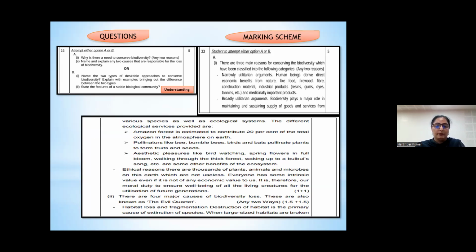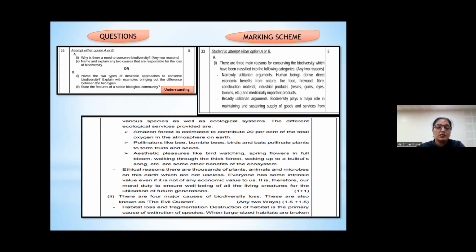Next, we can see in the last question, the 5 marks question, number 33. Why is there a need to conserve biodiversity? Name and explain any two causes that are responsible for biodiversity loss. Nowadays, we talk very commonly about environmental losses.